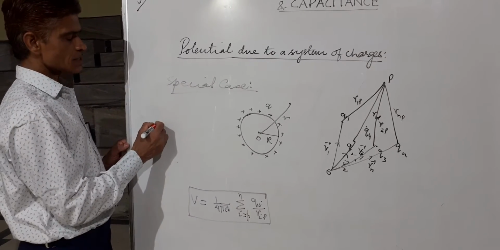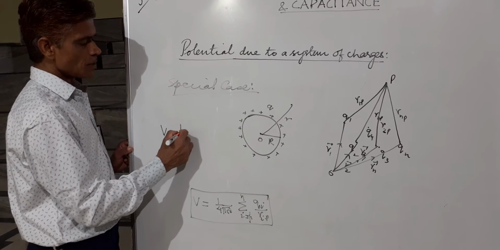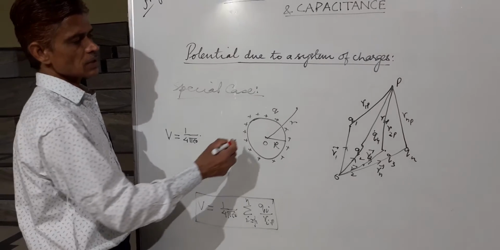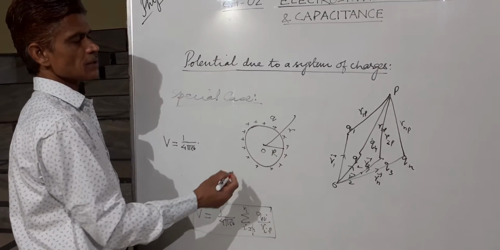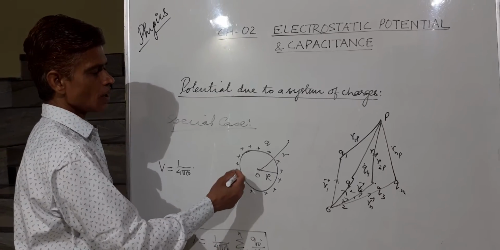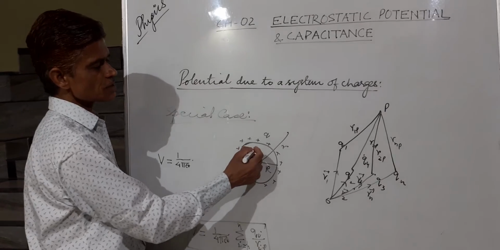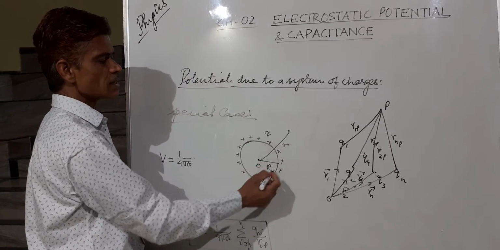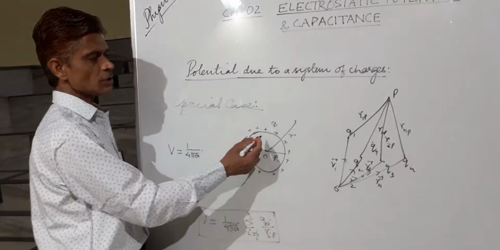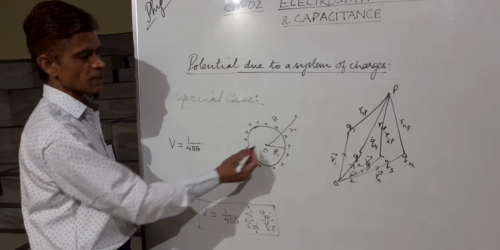The electric potential will be equal to 1 by 4 pi epsilon naught. Now the charges are distributed here. So which distance will you take and what amount of charge will you take? Actually, in this case, we suppose that all the charges are concentrated at the center of this spherical shell. So this total charge Q is supposed to be concentrated at the center of the spherical shell.